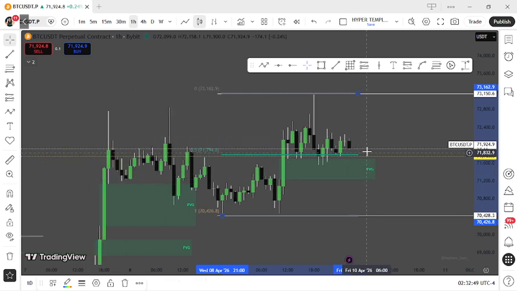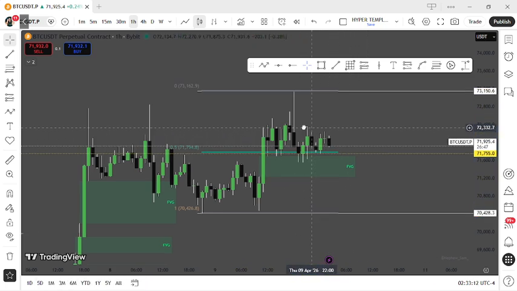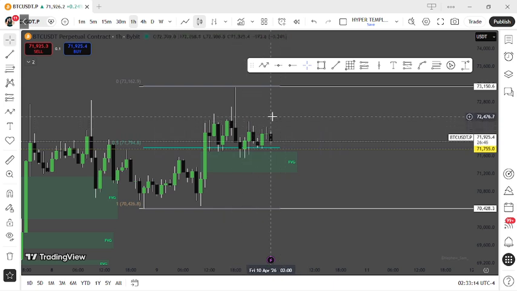So I will be looking for buys below this level. The discount level of the Fibonacci too is below the 0.5, and the premium level is up here above the 0.5 level. That means I should not be looking for buy positions above this level. I should only be looking for sells up there and looking for buys here.